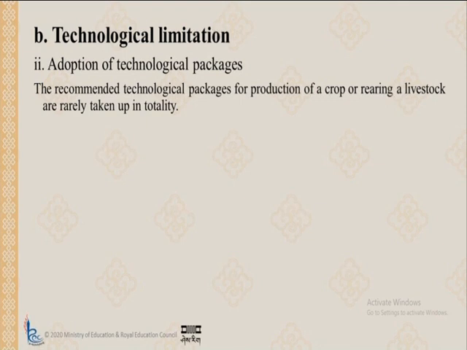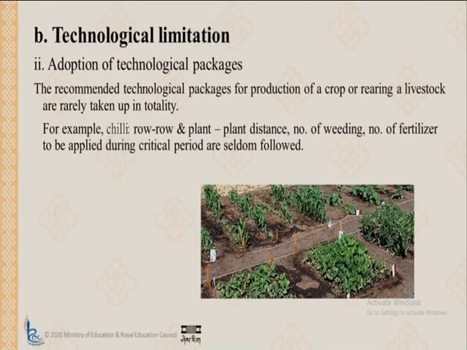Since our farmers are oriented with subsistence farming, they do not take the technological packages required for any types of crops and vegetables. For example, to plant chili in a technological way, it should be planted row to row, plant to plant, with sufficient distance. They should also know when to do the weeding and when to apply fertilizers. But this is not done because of the subsistence oriented farming practices of our farmers.